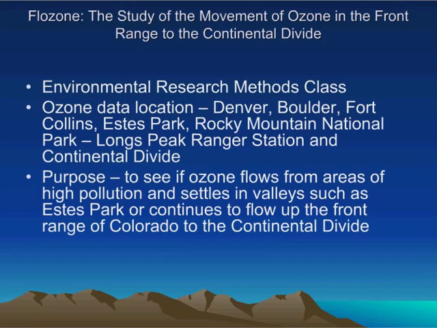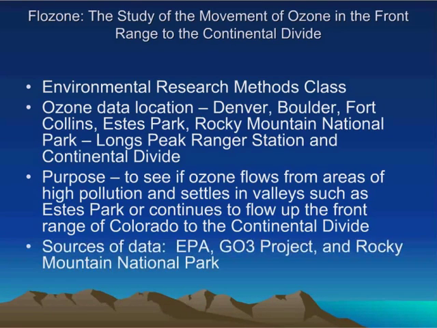So we basically broke it into two different types of studies, where one was looking at the lower elevations going through Estes Park up to the Longs Peak Ranger Station, and then the other study is going from the lower elevations of Denver and Fort Collins, and then hitting Estes Park, and then it goes to Longs Peak, but does not go up to the Ute Trail because we've only got data for a certain time. But it's really working out pretty well.